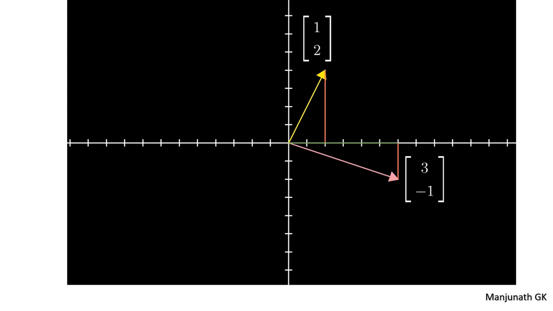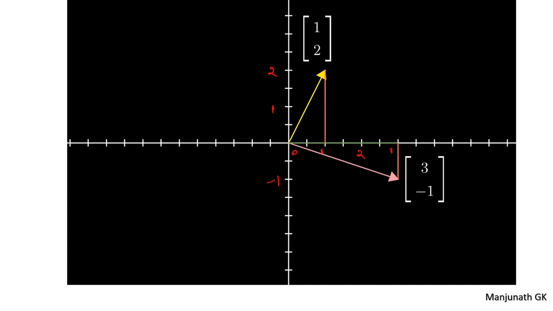Alright, consider two vectors here. One unit along the x-axis, so it is 0.5 and it is 1, and it's 1.5 and it is 2. Okay, it is 0 and it is 1, and 2 units along the y-axis, it is 1 and it is 2. All right, and one more vector, 3 units along the x-axis, 1, 2, 3, and minus 1 unit along the y-axis.